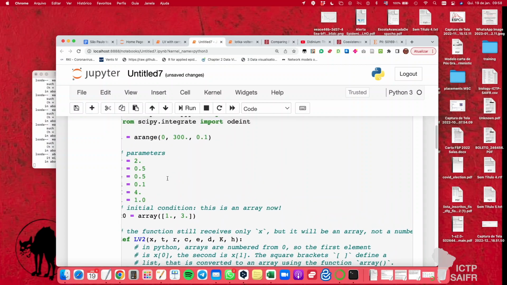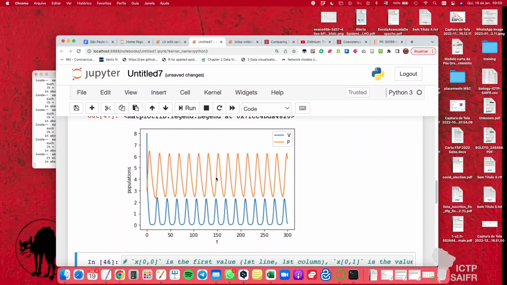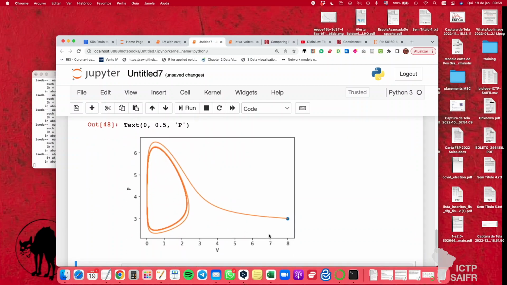So I start outside of that circle, and I run it. You get it here, you start it here, and you go here. So what's happening?